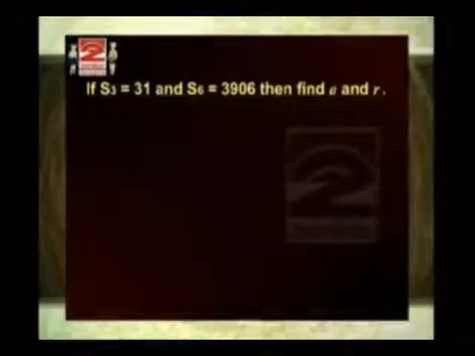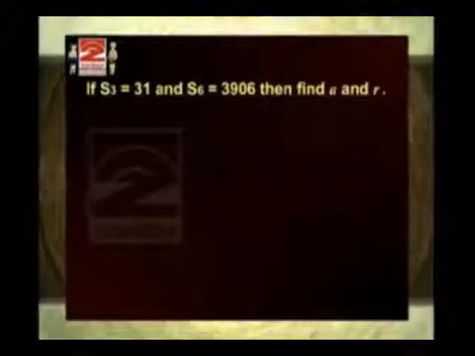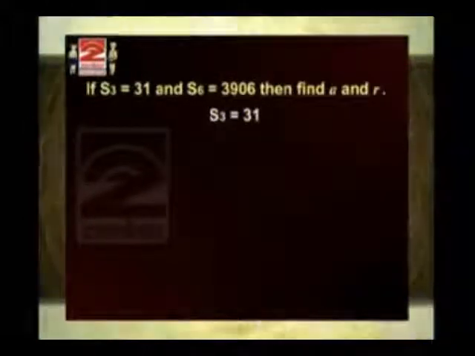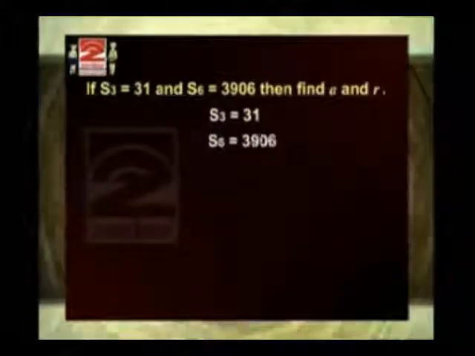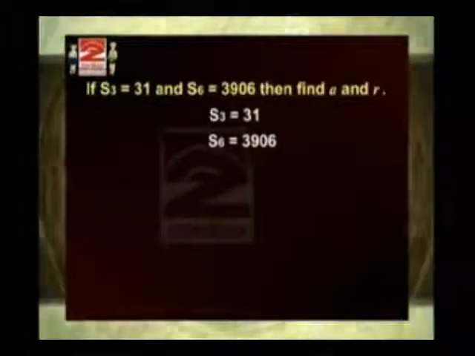So now, if S3 is equal to 31 and S6 is equal to 3906, find A and R. Here S3 is equal to 31 and S6 is equal to 3906.